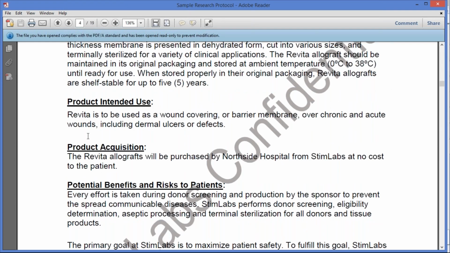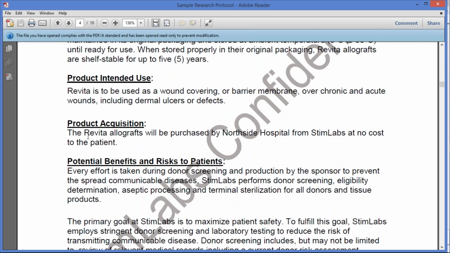Product intended use: Revita is used as a wound covering and barrier membrane over chronic and acute wounds, including dermal ulcers and defects.